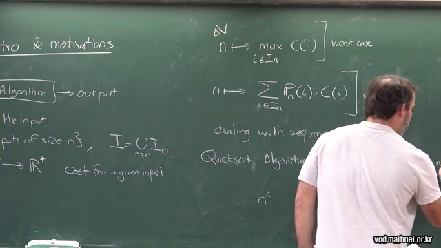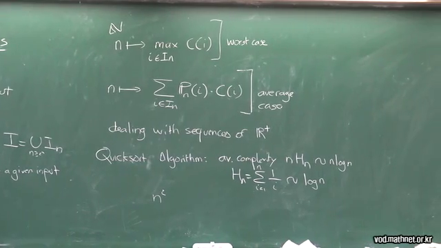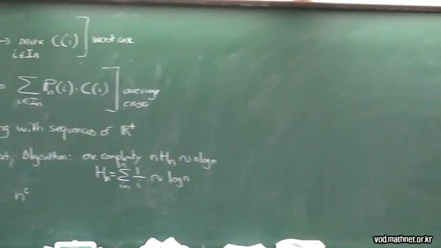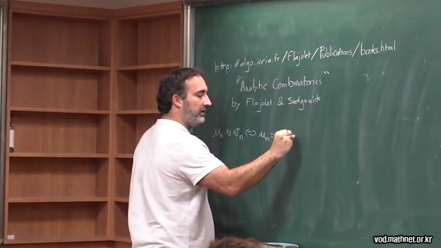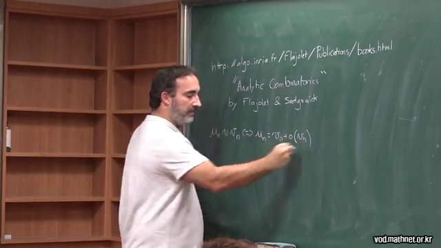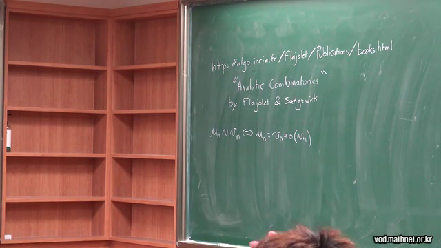So maybe I should define these notations. So u_n is asymptotically equivalent to v_n just means that u_n equals v_n plus little o of v_n. So n squared is asymptotically bigger than n log n.